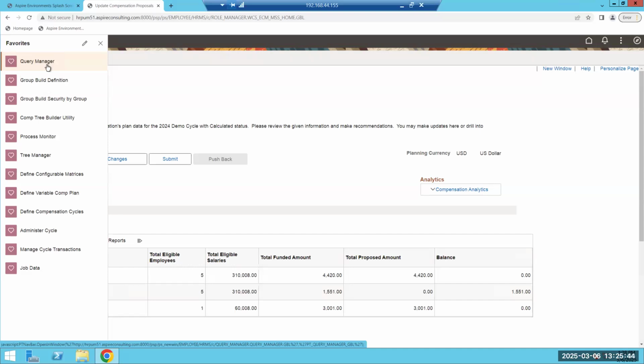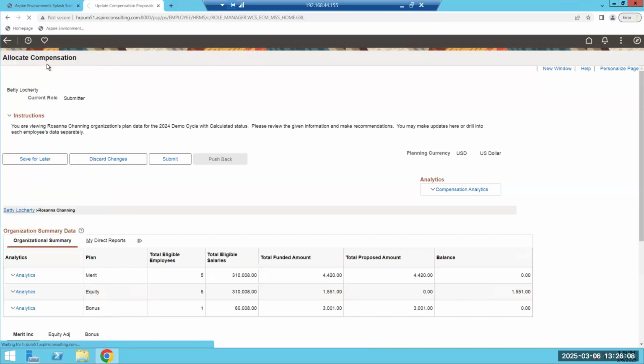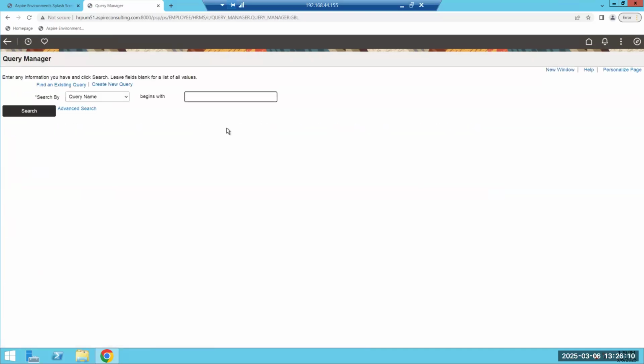What it does allow you to do, however, is base your population off of a query. So you create a query that says they have to be in this business unit, or in this group of departments, or whatever, and that defines your population. So we're going to take a look at a comp cycle query.